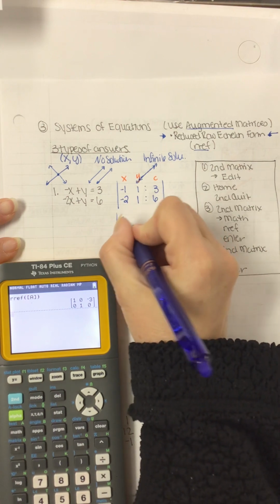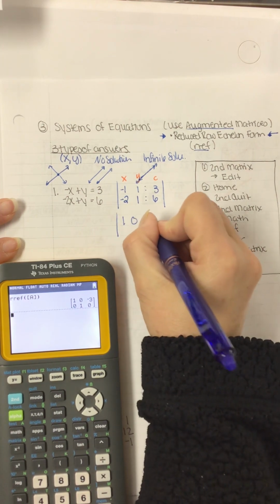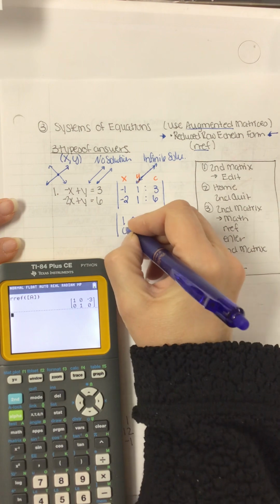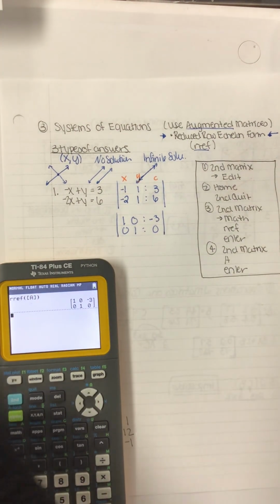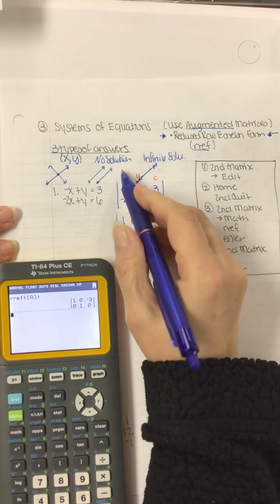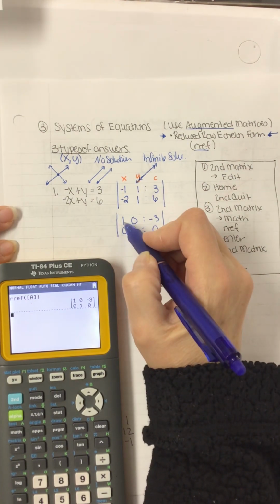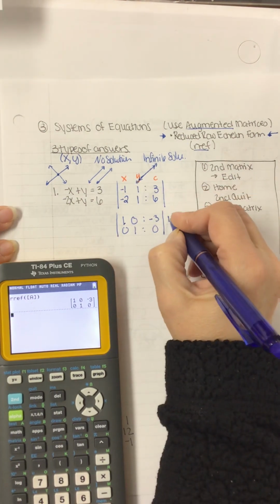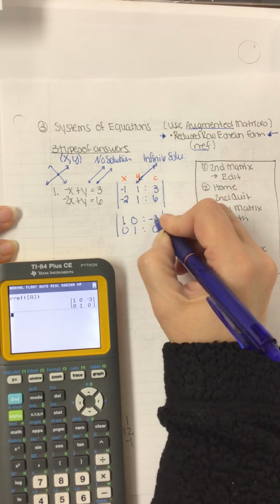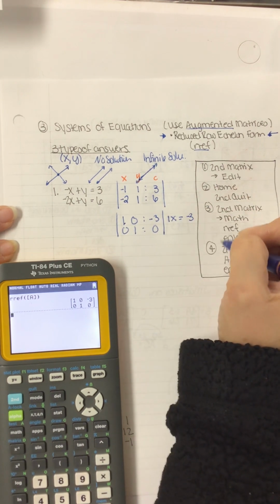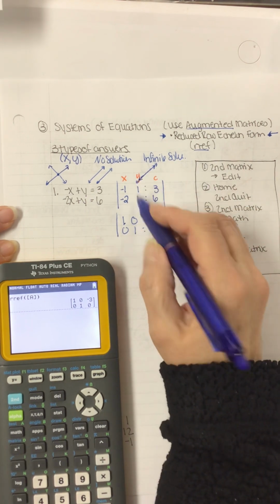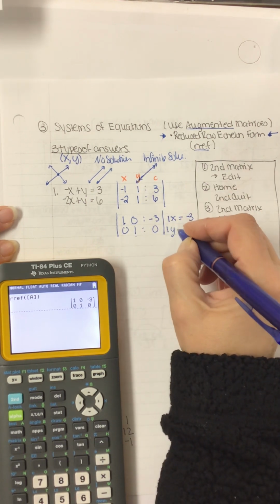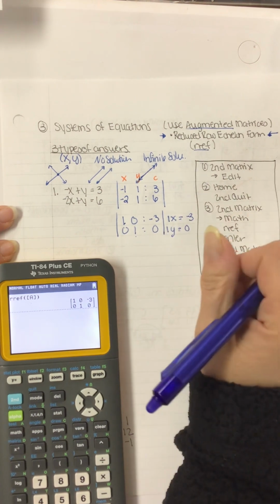This would be 1, 0, -3, 0, 1, 0. Well, what this means is that we have in this row, this was our x, right? So we would have 1x, this was an equal sign, equals -3. And in this row, what are you left with? 1y equals 0.